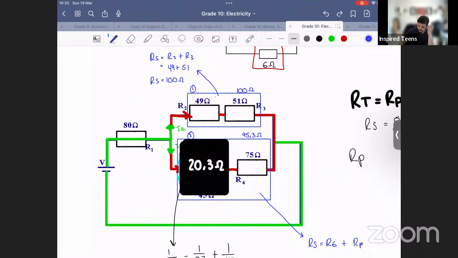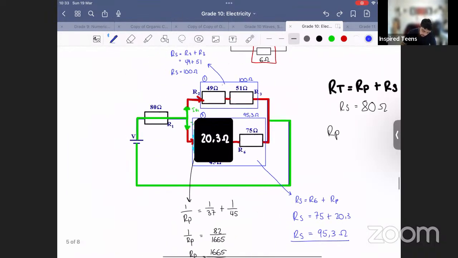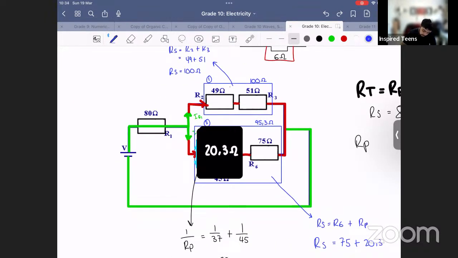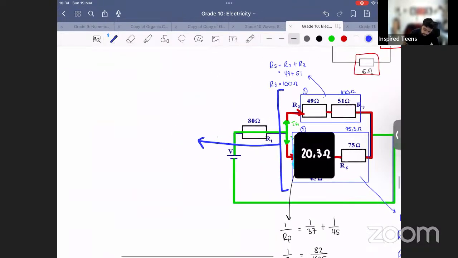So how do we calculate parallel? Finally, for all of this, I'm going to do a calculation. I'm going to put another copy of the circuit unedited without all these colors. So 1 over RP is equal to 1 over 100 plus 1 over 95.3.